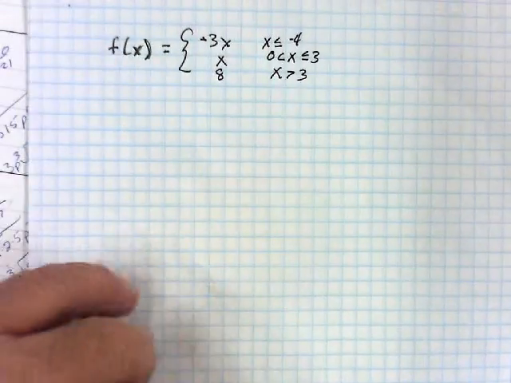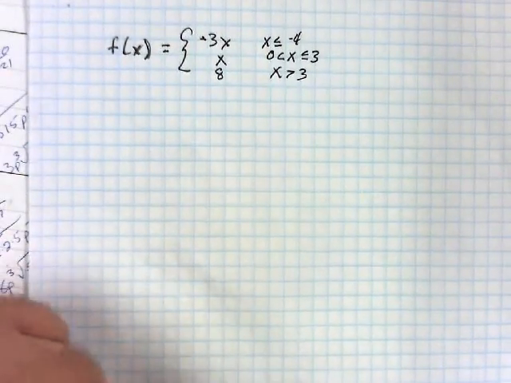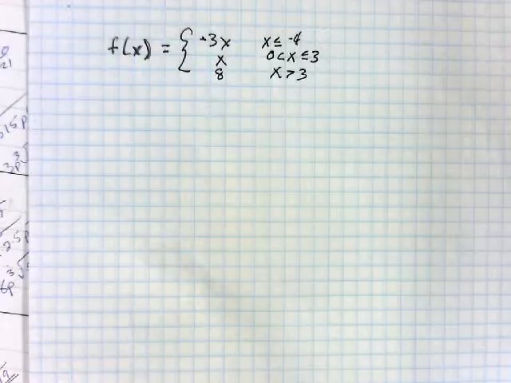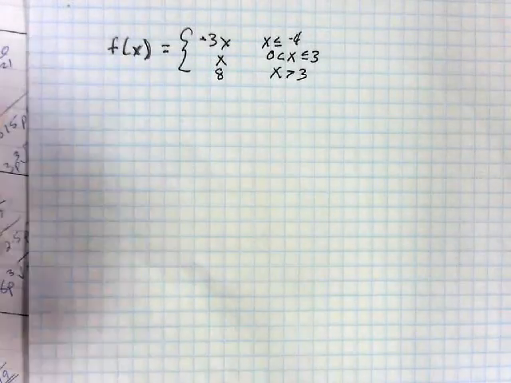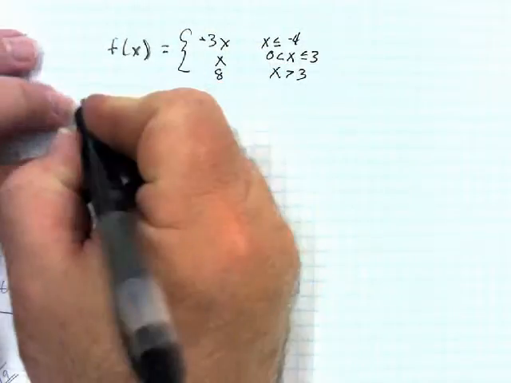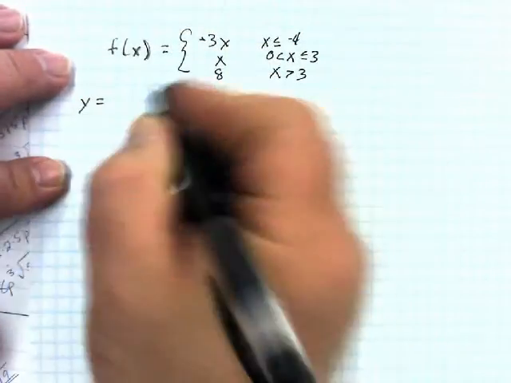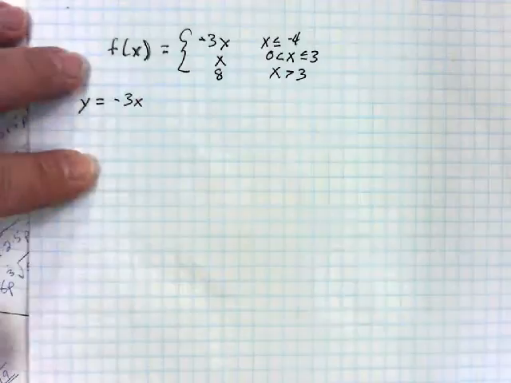You basically have three linear graphs. And for those of you that don't like working with f of x, what did I say that you could change that to? So you basically start with the first one of y equals negative 3x.